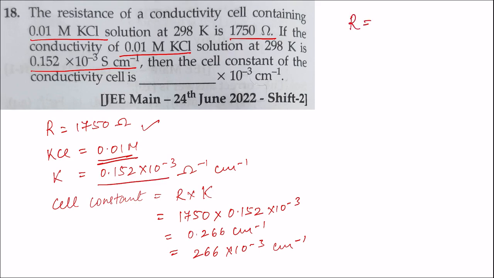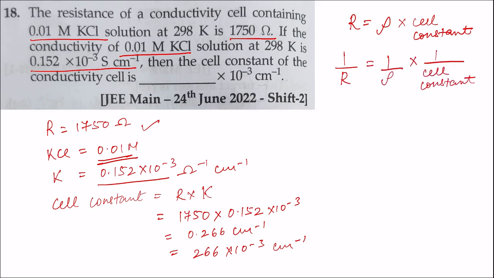Now R, resistance, is equal to resistivity into cell constant. If you take the inverse on both the sides, then 1 by R is equal to 1 by rho multiplied by 1 by cell constant. 1 by rho is equal to conductivity. Inverse of resistivity is conductivity.